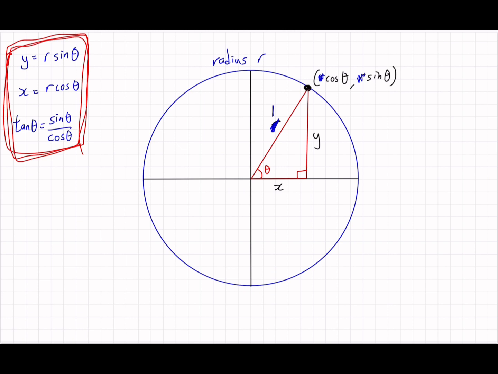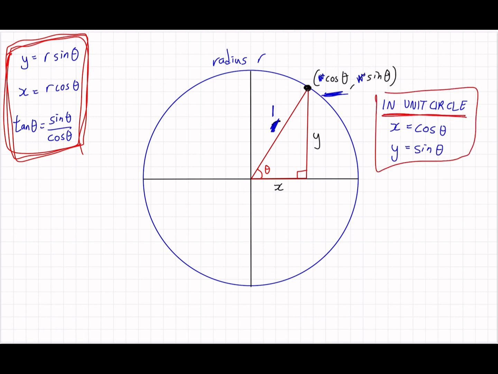So in the unit circle, X is equal to cosine theta and Y is equal to sine theta. Keep in mind, this is only in the unit circle, when R is equal to 1. We've just changed the R values to 1. Okay, so that's important.